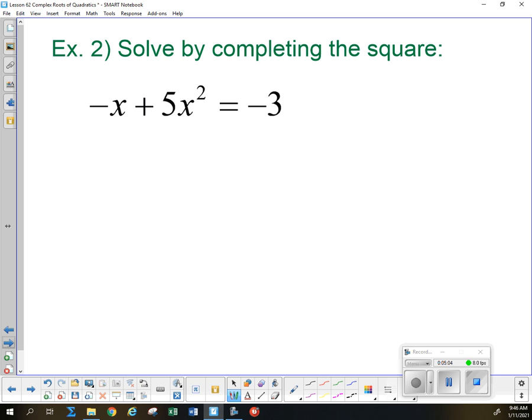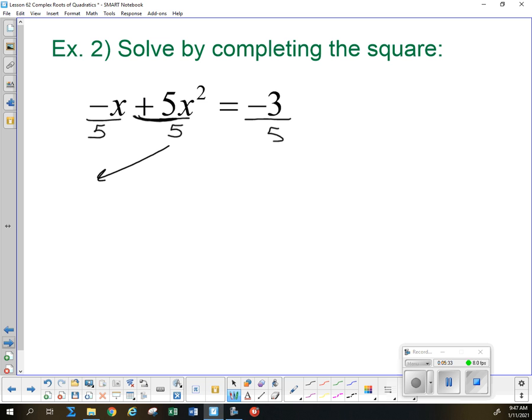Okay, minus x plus 5x squared equals negative 3. This is good. It's got the x's on one side already, but it's not in the right order. And when I do get it in the right order, I'm going to have a 5x squared, and I know that I want to have a 1x squared. So I am going to need to divide everything by the plus 5, since there's a plus 5 in front of my x squared.